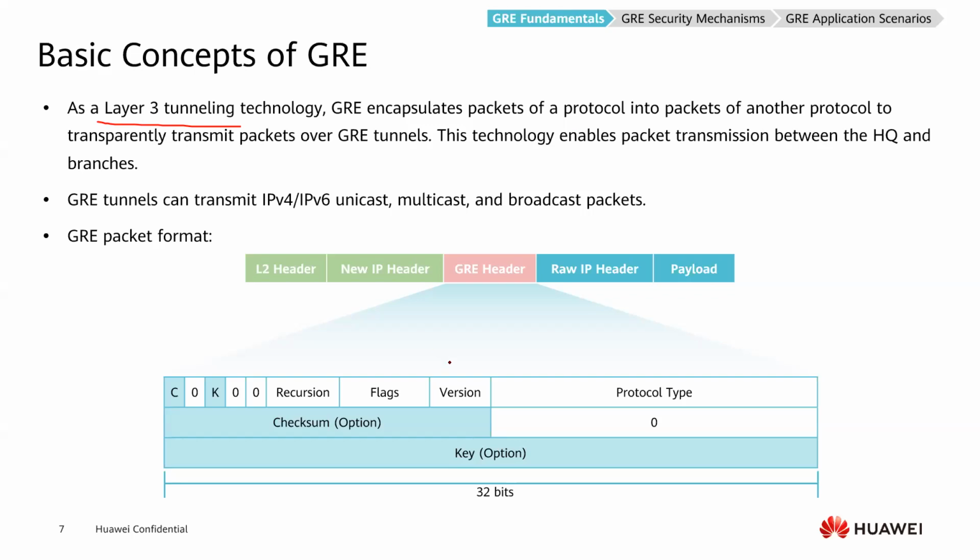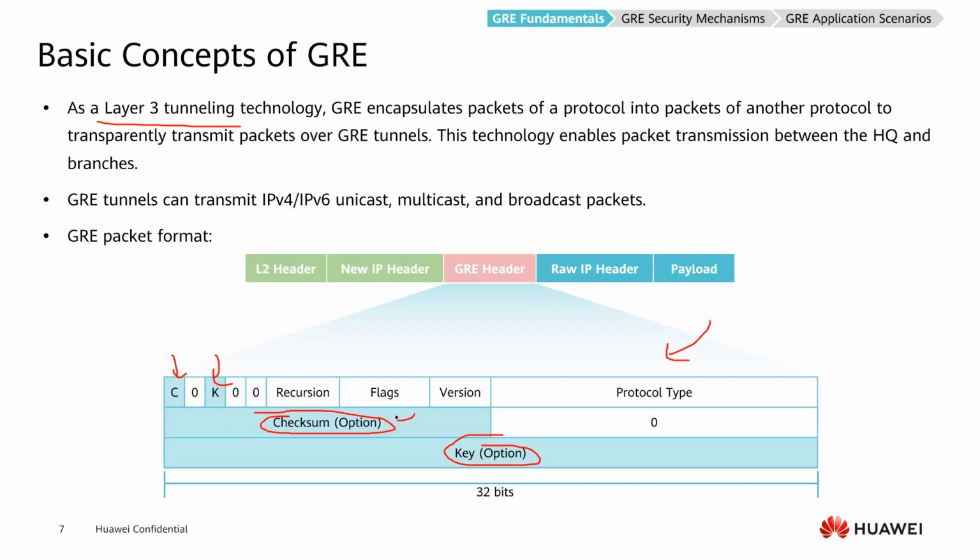This is what the GRE header looks like. It is 32 bits long, and there are a few important fields. One is C, which indicates whether to do the checksum or not. Checksum is a security feature. Another is Key, which is also a security feature.